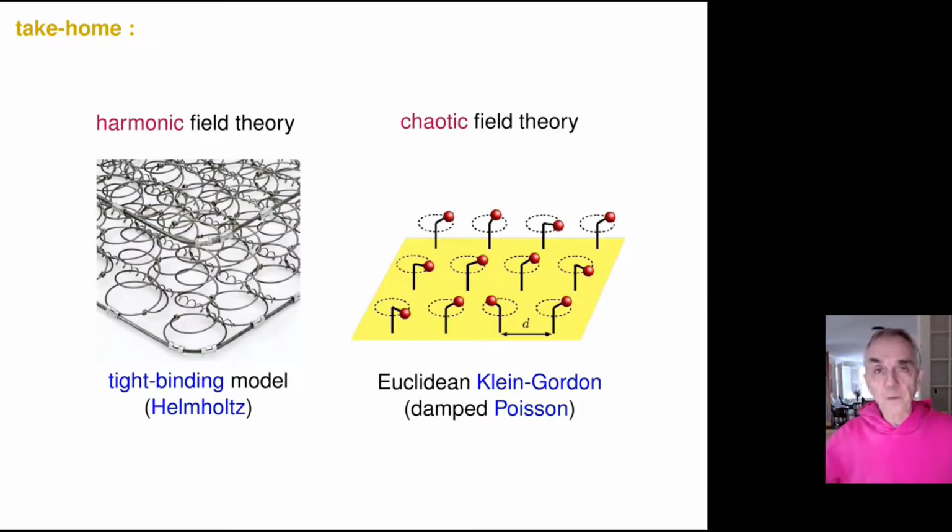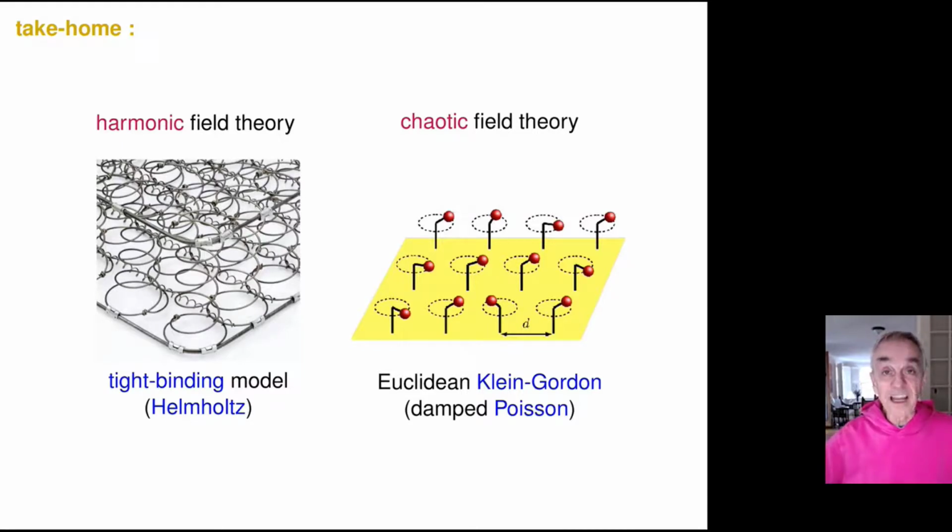The take-home is this. The way we traditionally think about field theories, we say there are lots of harmonic degrees of freedom. So vacuum is lots of oscillations. And then there are some weak interactions between them. These weak interactions are called Feynman diagrams in perturbation theory. But basically, the thing is like a spring mattress.